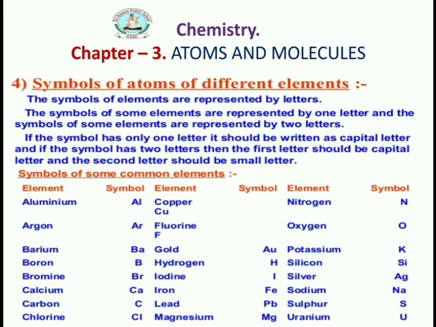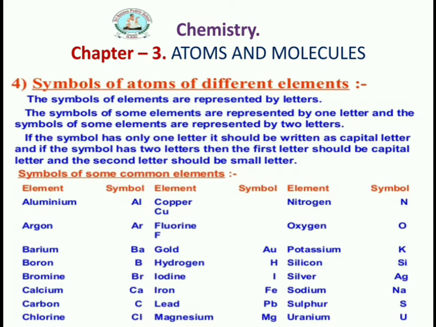These elements we write symbolically, using English letters. The symbols of some elements are represented by one letter and the symbols of some elements are represented by two letters. We have a method to write the symbol of elements.